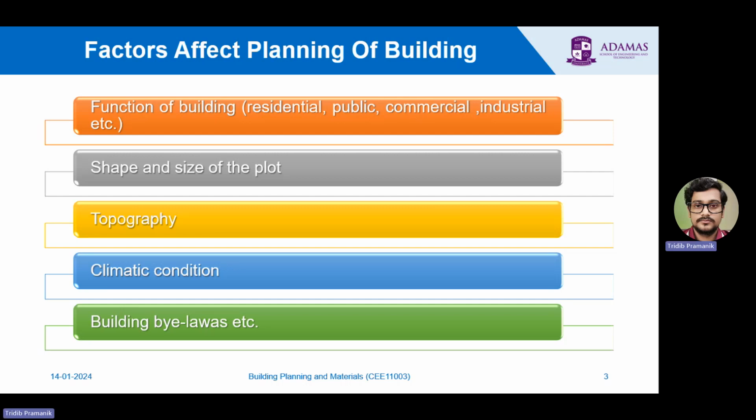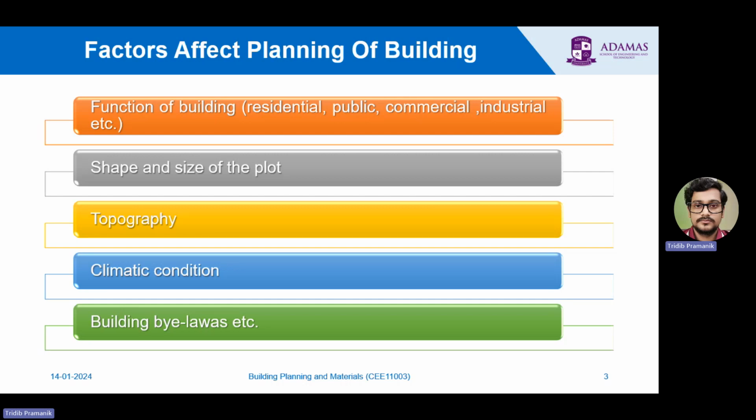In fact, for point number 2 and point number 5, the shape and size of the plot according to Vastu we will discuss in our next video lecture, and building bylaws and regulations we will discuss in our fifth video lecture. There we will discuss the national building codes, and not just the national building code, in different states also we have different regulations, like for West Bengal we have the KMC building rules and regulations.